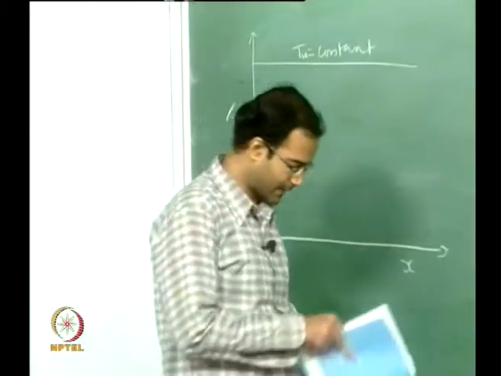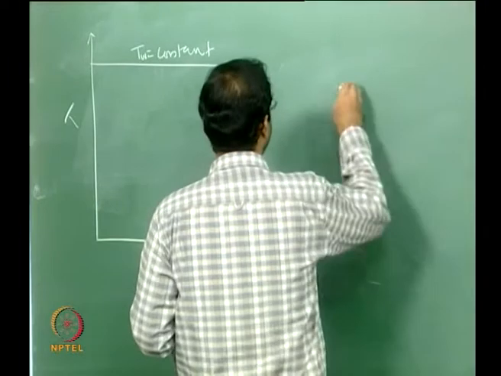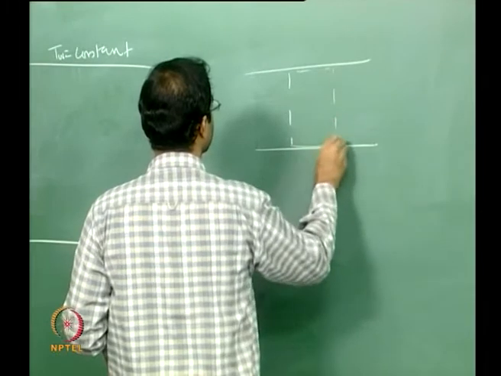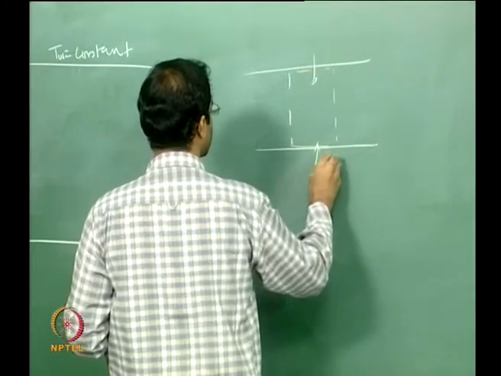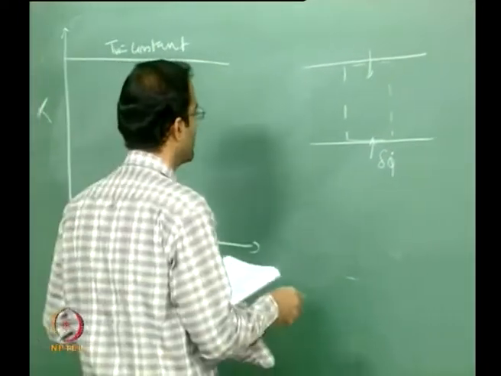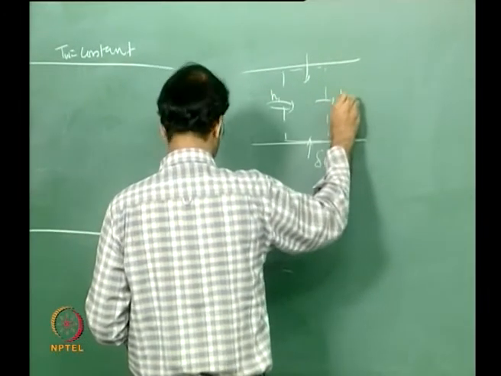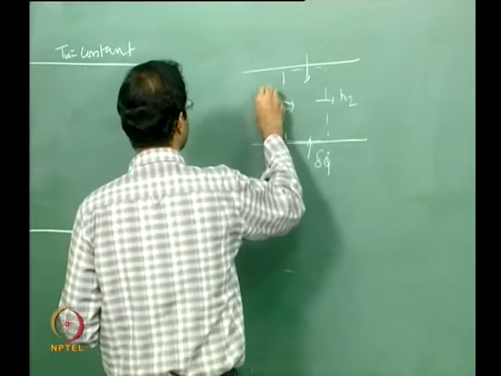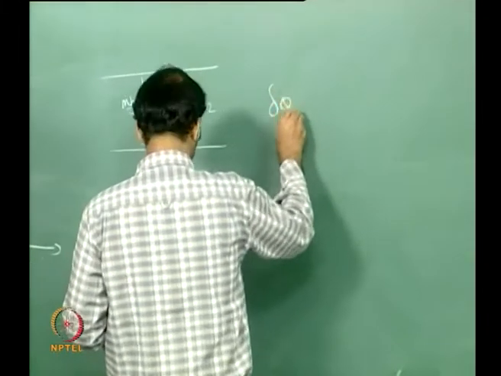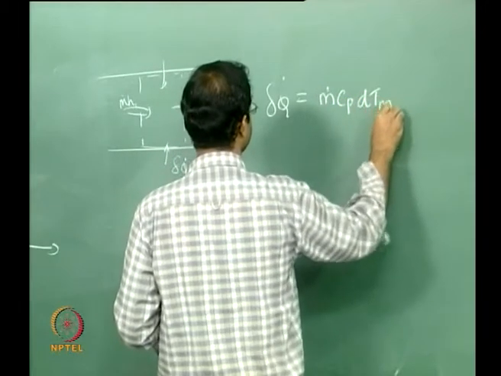So to determine the variation, what we will do is just take a simple energy balance. You take a duct, so you take a control volume, and this is your heat transfer delta Q, the differential amount of heat transfer for this differential control volume, and you have some enthalpy coming in and enthalpy which is leaving. Of course there is a mass flow associated with this enthalpy, so you can apply energy balance and say my del Q dot is equal to m dot Cp into dTm.